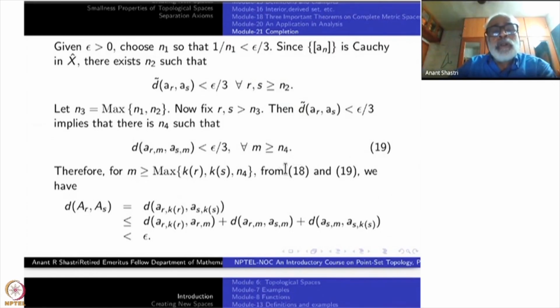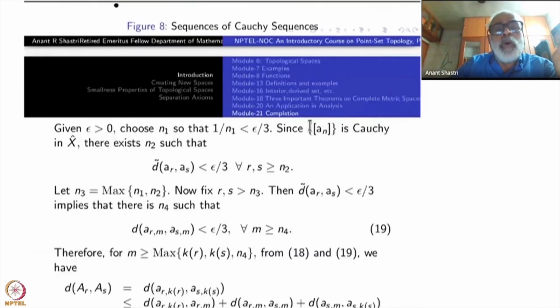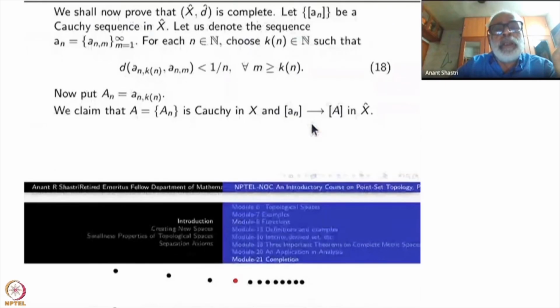Now you choose M to be bigger than all of them. If it has to be bigger than something, I can choose it even bigger than that. M to be bigger than KR, KS, and N4. Then you can apply both of these.